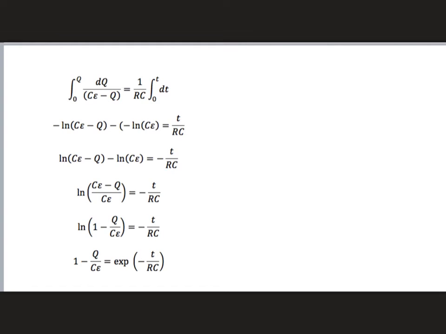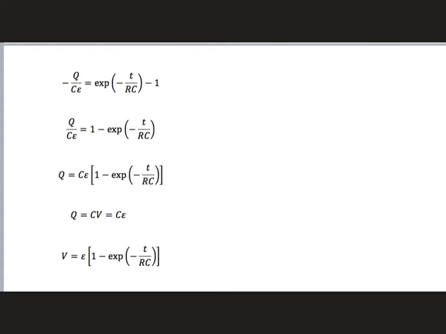To solve for q, we need to get rid of the natural log, and the way you do that is to take the exponential function of both sides. When you take the exponential of a natural log, the natural log goes away, and you do the same thing to the right-hand side, and you get the exponential of minus t over RC. Then it's just a little bit more algebra to solve for q.